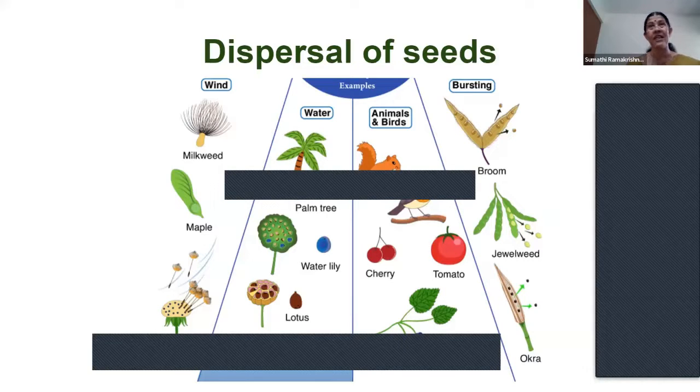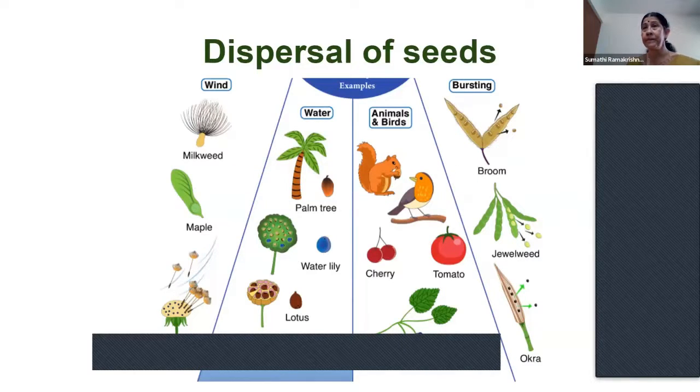Wind helps in dispersing the seeds, and so does water. You can very well say that the coconut or palm tree is dispersed by water. That is the reason we can find coconut trees in coastal areas. You can tell that also. The main reason for these plants and trees growing more there is this.